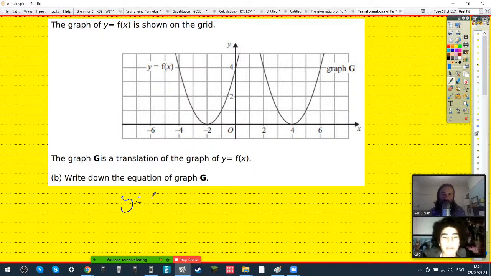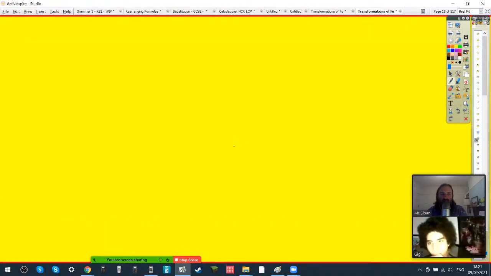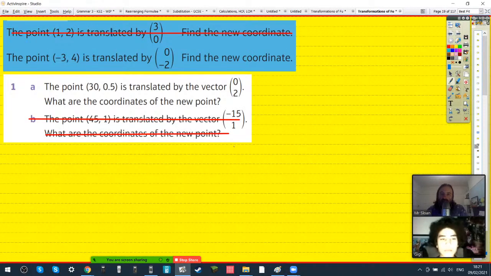That would be just x minus 6. Yes. y equals f(x - 6). So we don't know what this equation is. It looks like x squared. It could be x squared plus x minus 7 or whatever. Nah, wouldn't be that. But yeah, it's basically all the x's are replaced by x minus 6. That's it. Okay, so far so good.